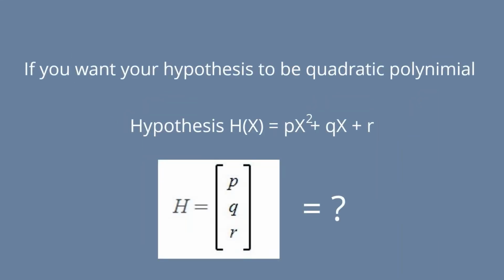Further in the algorithm comes the hypothesis matrix. The size of the hypothesis matrix is based on the power of the estimation, which is to be provided by the user. For simplicity, let us assume a quadratic polynomial.